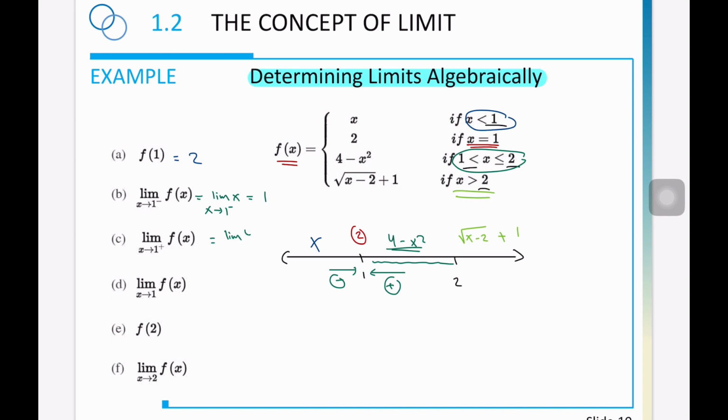The limit of 4 minus x squared as x is approaching 1 from the positive side is equal to 4 minus 1, which is 3. So we can say that this doesn't exist because the limits from the negative side and the positive side are not equal to each other.